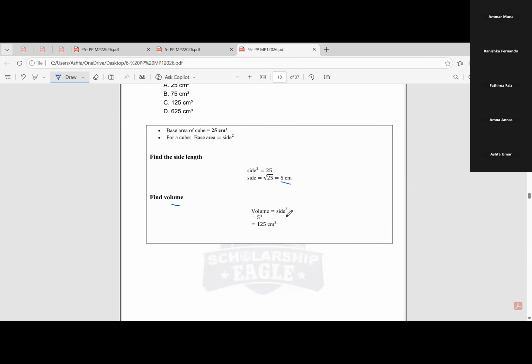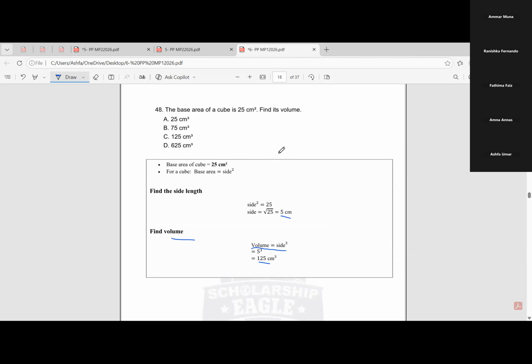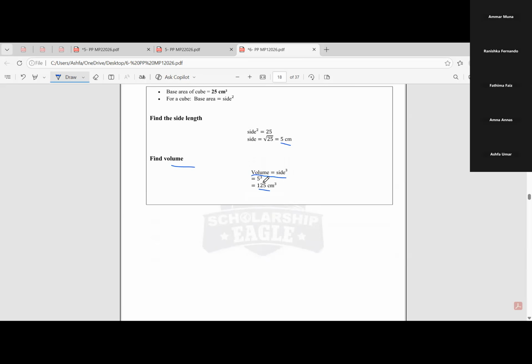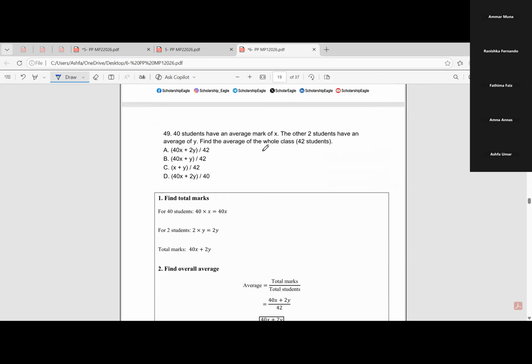Then to find the volume, the side to the power of 3 gives the volume. Here you have been given the area, not the side, so always identify what is given before applying a formula.